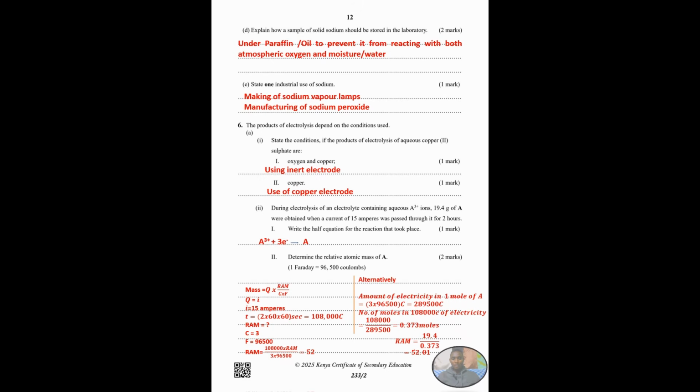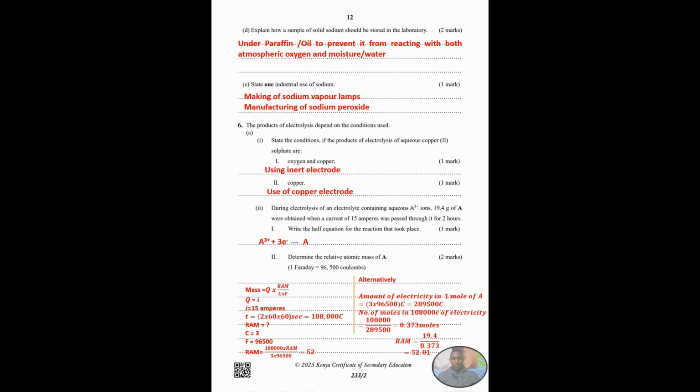So we need to understand that in 1 mole of A, we have 289,500 coulombs. So we determine the amount of electricity in 108,000, and we're able to get the moles there. Once we get the moles, we already have the mass that was deposited.